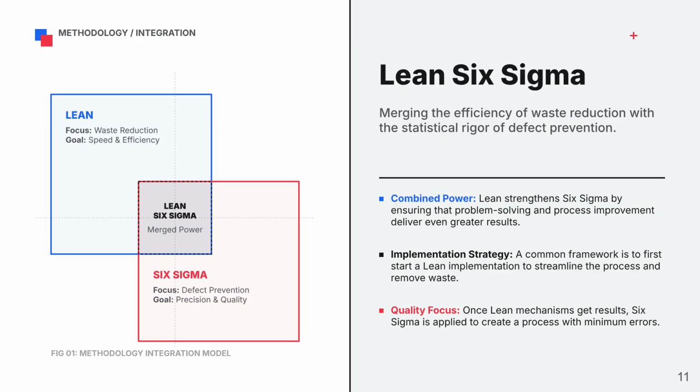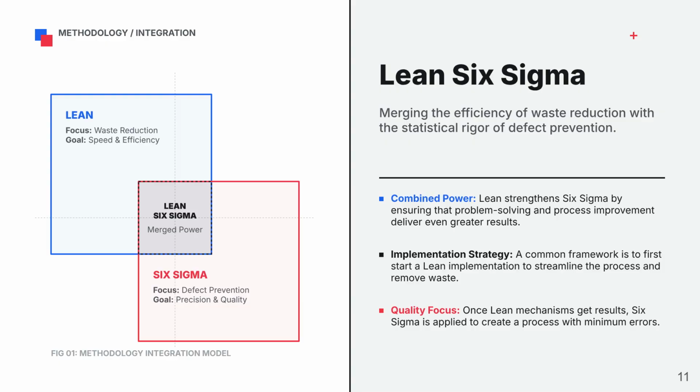While Lean asks, how can we do this faster? Six Sigma asks, how can we do this with fewer errors? When these two approaches are combined, they form Lean Six Sigma, a methodology that delivers both operational efficiency and high-quality outcomes. The integration model shown here illustrates that Lean prepares the process by removing waste, after which Six Sigma refines it further by minimizing defects and improving consistency.